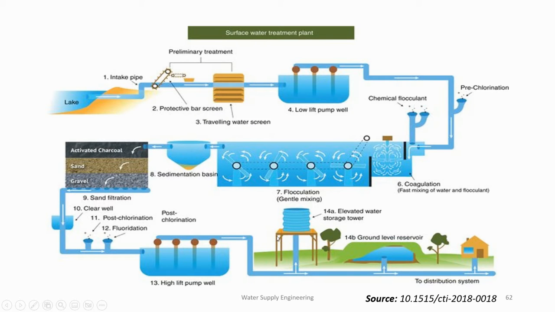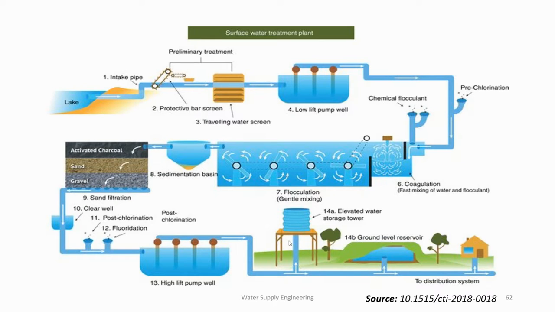And then we'll supply it to the storage system. If the end consumer point is very far from the source, then we can provide for a temporary storage nearby, or else in the treatment plant itself we can provide a storage system.